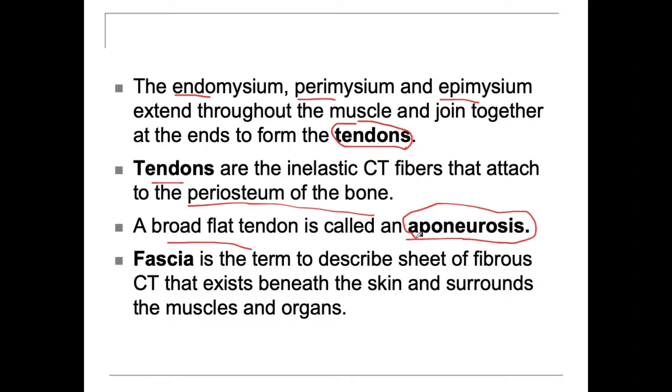Where will you hear the word aponeurosis? When you look at the biceps brachii and you look at the insertion, it's called a bicipital aponeurosis. When you look at the lats or the latissimus dorsi, the origin of that is called the thoracolumbar aponeurosis.